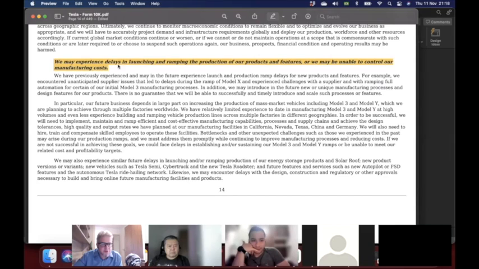We may experience delays in launching and ramping the production of our products and features, or we may be unable to control our manufacturing costs. Here they have a huge waiting list for their cars. So they have a lot of cars that they must produce and deliver. Ramping the production, if you don't know the meaning of ramping, means increasing the production, okay?